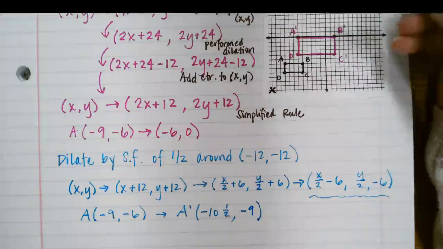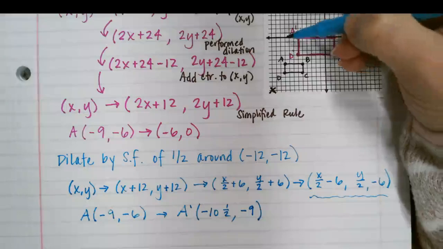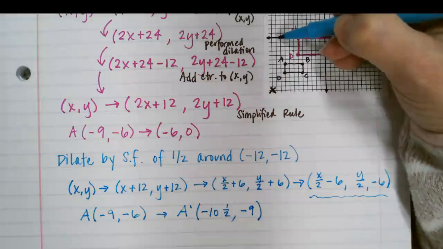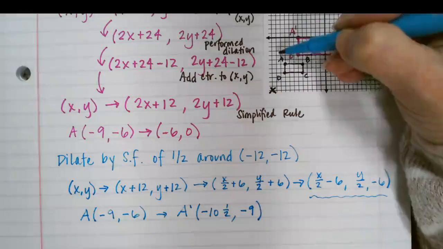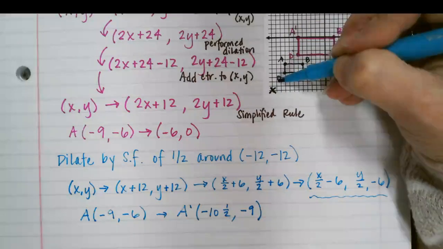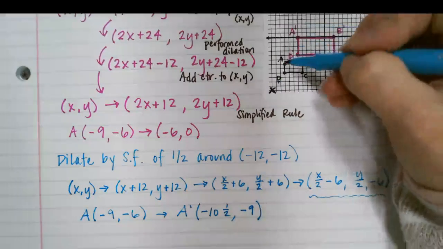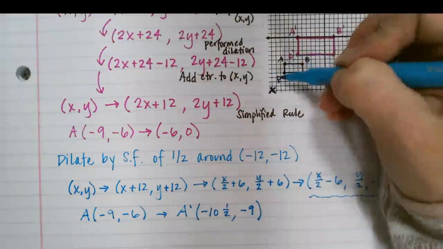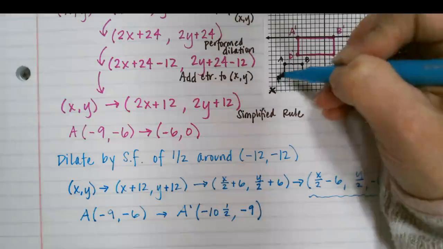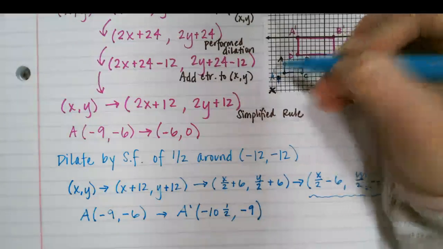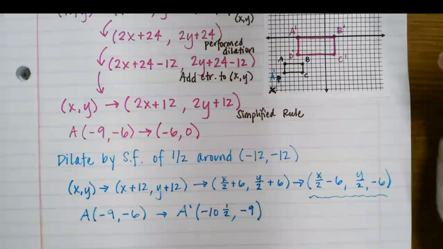So A prime should be at negative 10.5 and then down right there. Wait, I went one too far. It should be that one right there. So there's our A prime.